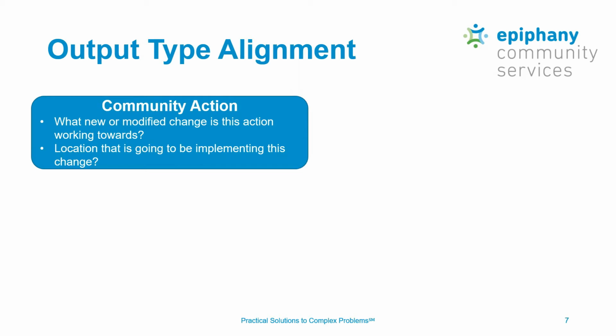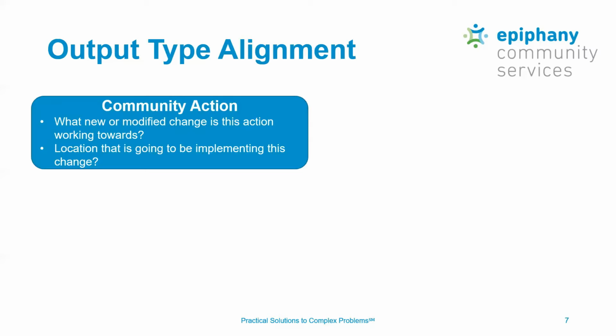When it comes to recording community action outputs, we need to make sure our community actions include in our description what is this new or modified change that this action is working towards? I'm sure some of you seasoned veterans have gotten that needs attention notice that says, what is this community action working towards? That's usually a big one we tend to see, and that's okay.